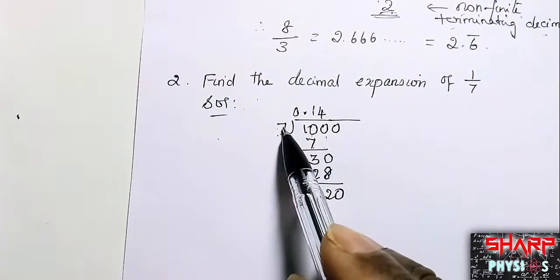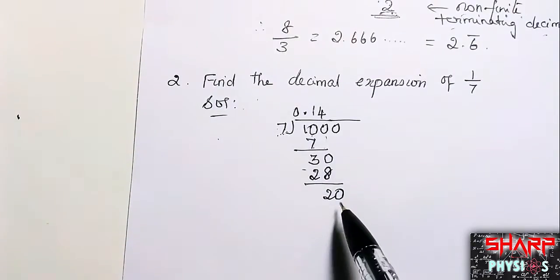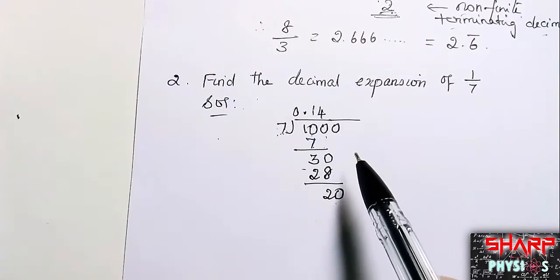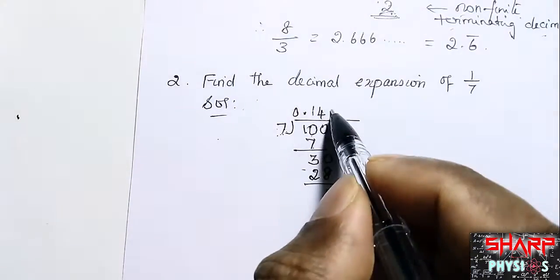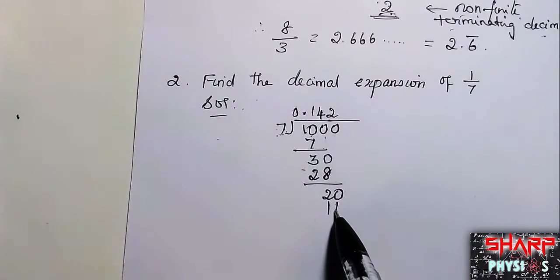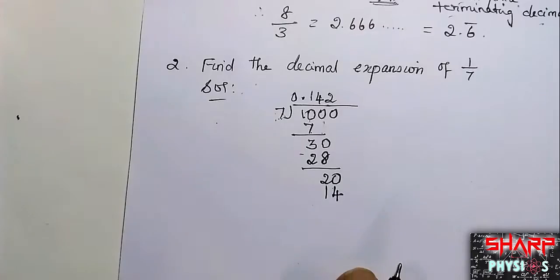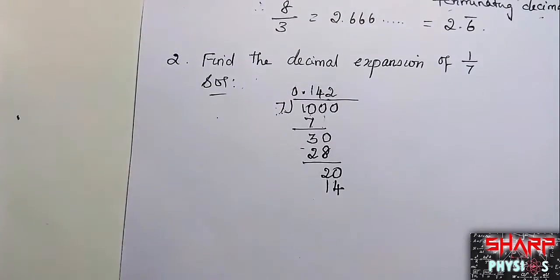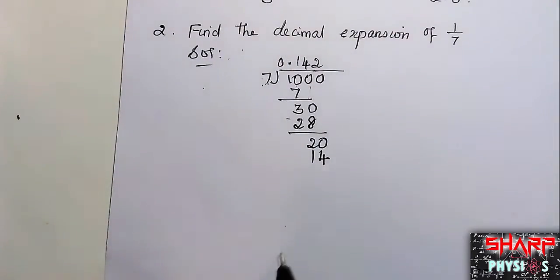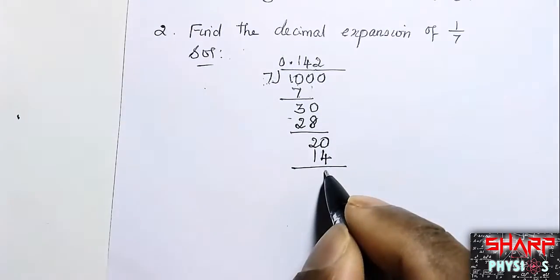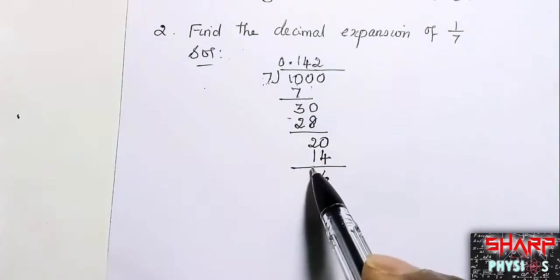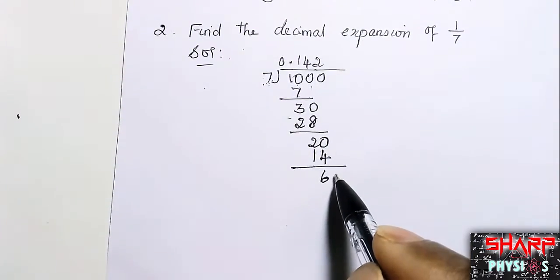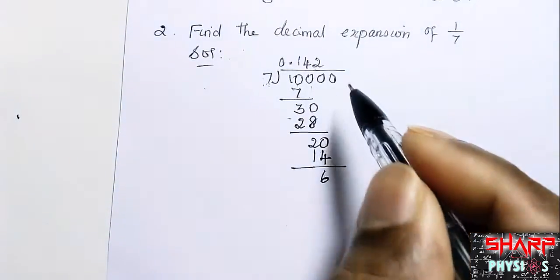So 20 is greater than 7. Again divide 20 by 7. 7 threes are 21, which is more, so it will be lesser than that. 7 twos are 14. So you get a remainder 6. 6 is less than 7, so again you place a 0 here and bring it down.